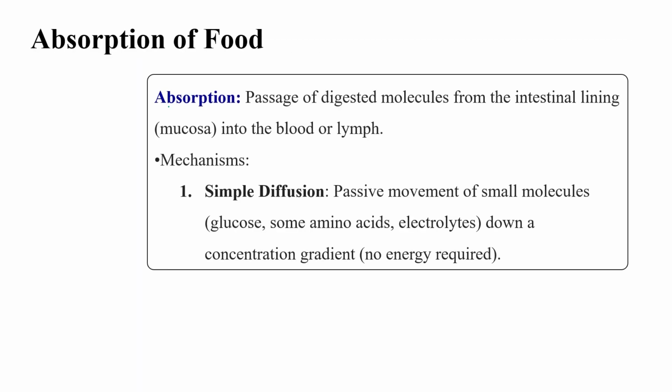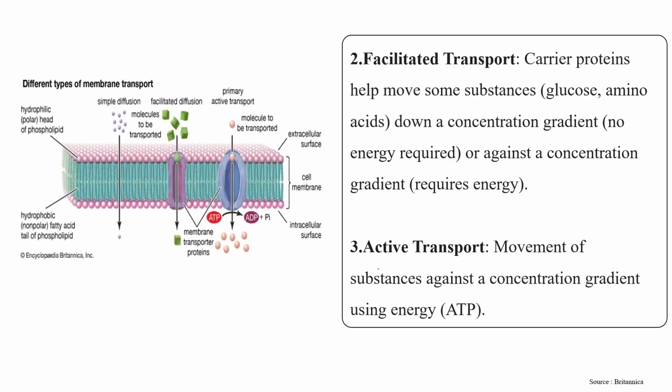Okay, so absorption of the food is the passage of digested food from the intestinal lining, means mucosa, into the lymph or blood. So what are the mechanisms involved in the absorption? A simple mechanism like simple diffusion: passive movement of small molecules like glucose, amino acid, electrolyte down a concentration gradient, where no energy is required.